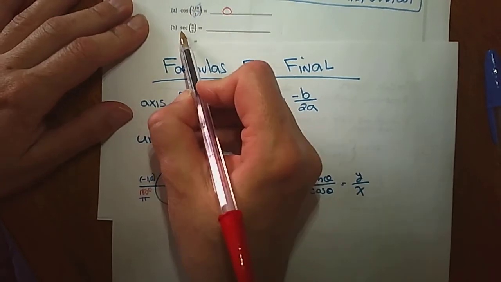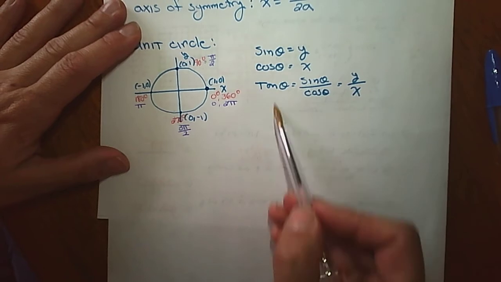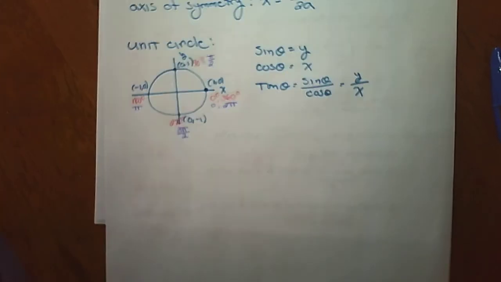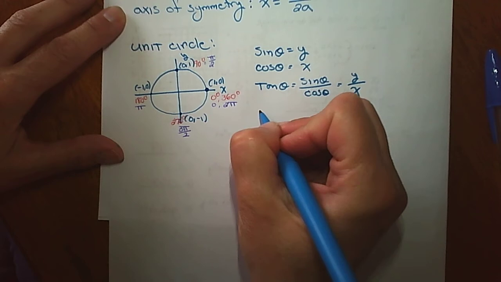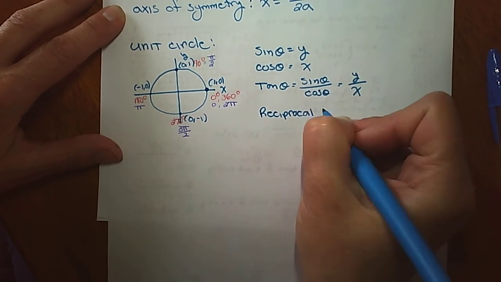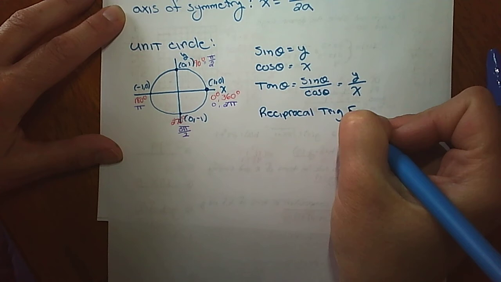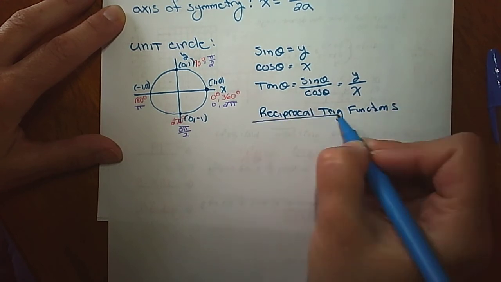Now, secant. Whoa, what the heck is secant? Well, remember, there's more than just these guys. There's sine, cosine, and tangent. And then there are the reciprocal trig functions. Right?